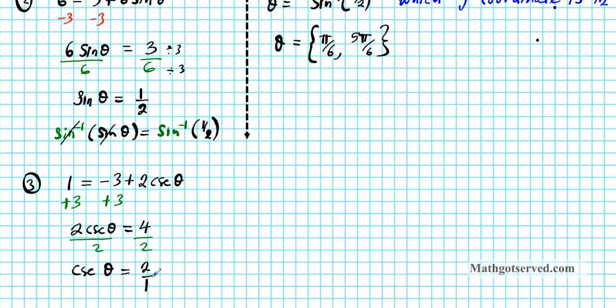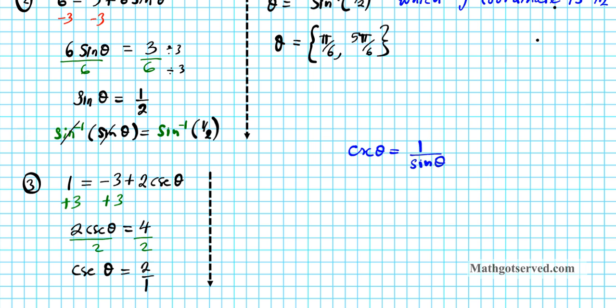Now since there's no 2 on our unit circle, we're going to have to use a reciprocal here. We know that cosecant theta is related to sine by reciprocation. So I'm going to reciprocate both sides of this equation as we did in number 1, and that will enable me to solve this equation.